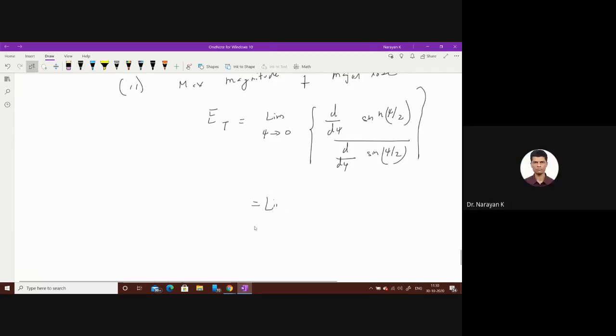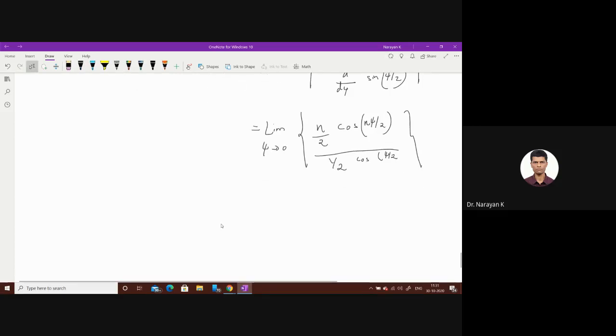Anyway, this is well understood. So, limit psi tending to 0. If I do the partial derivative, this will be n by 2 into cos of n psi by 2, divided by half into cos of psi by 2, with respect to psi only. This is what happens if I do the differentiation.